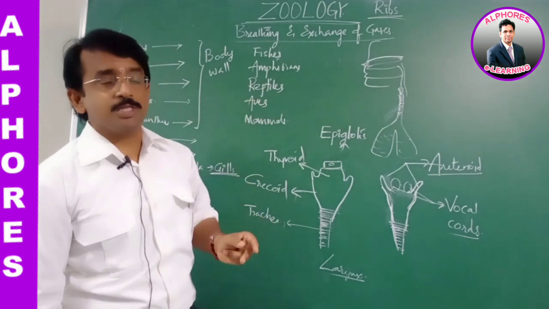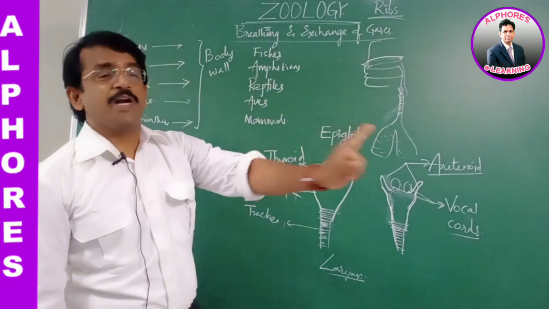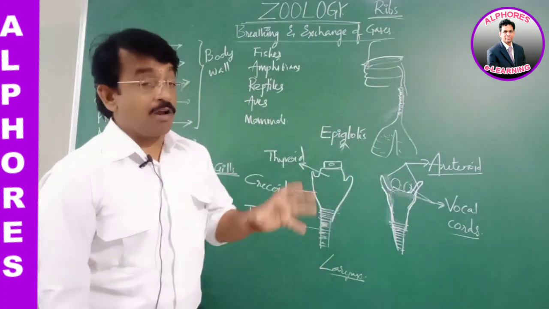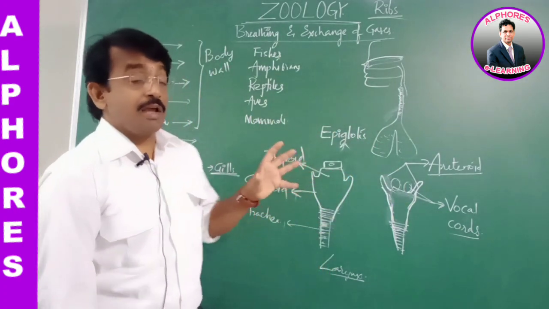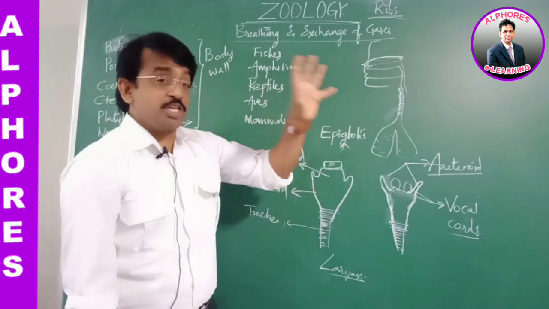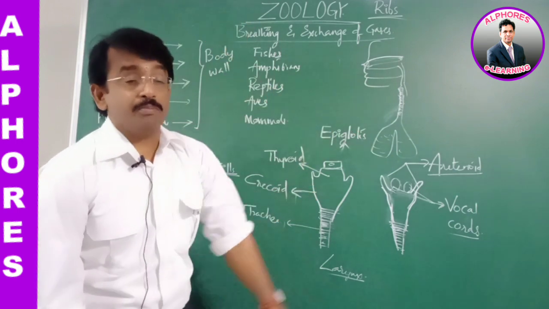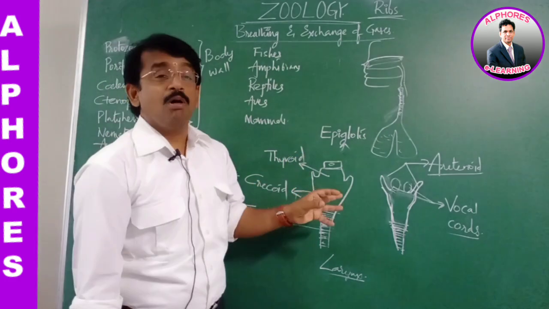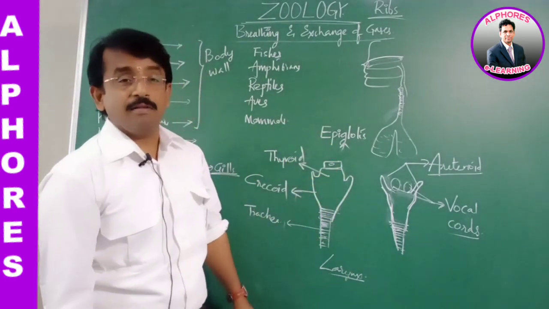There are reasons. One, the respiratory pigment is absent in the tracheates. I am not saying that among all arthropods, as crustaceans have a respiratory pigment, but here there is no respiratory pigment.